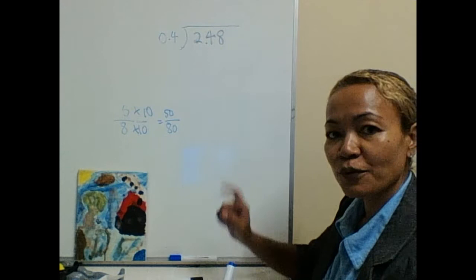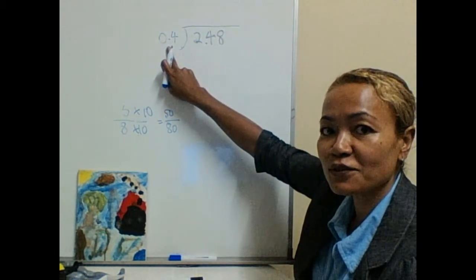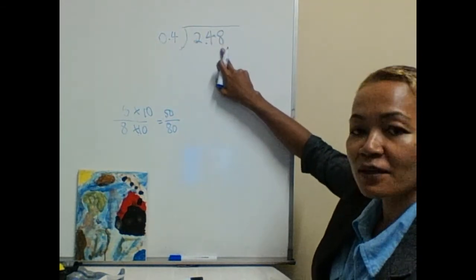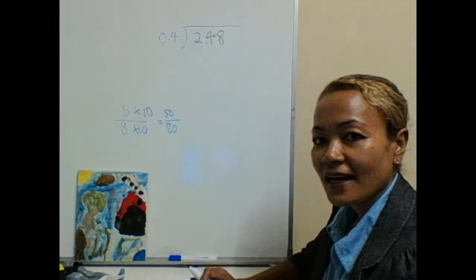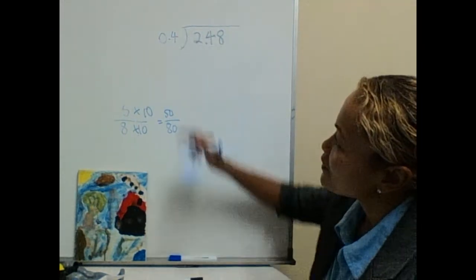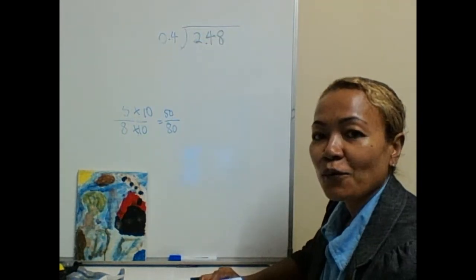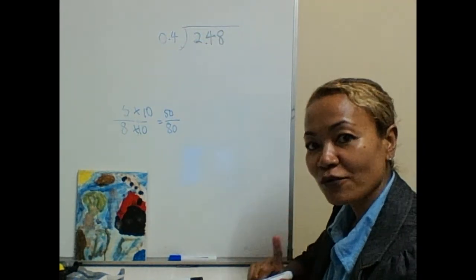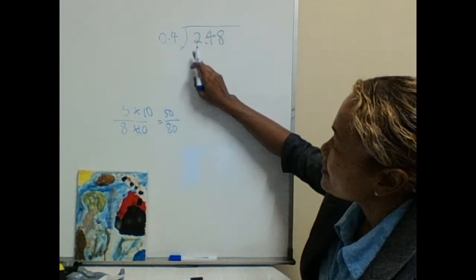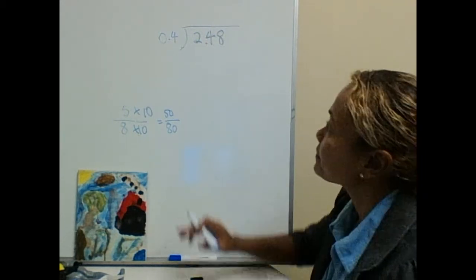Okay, I wanted to point that out because we can do something to one number here and do the same thing to this number, and it will not change the answer that we get. So 0.4 and 2.48. What we want to do is get rid of one decimal, so that only one of these two numbers is decimal.